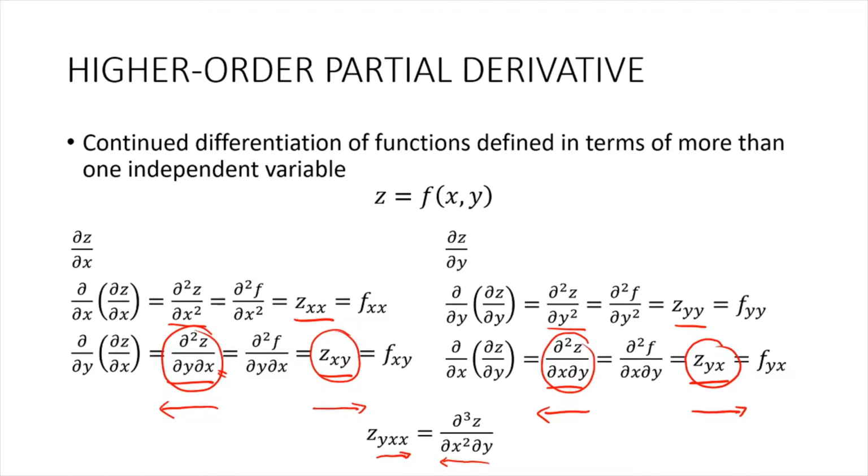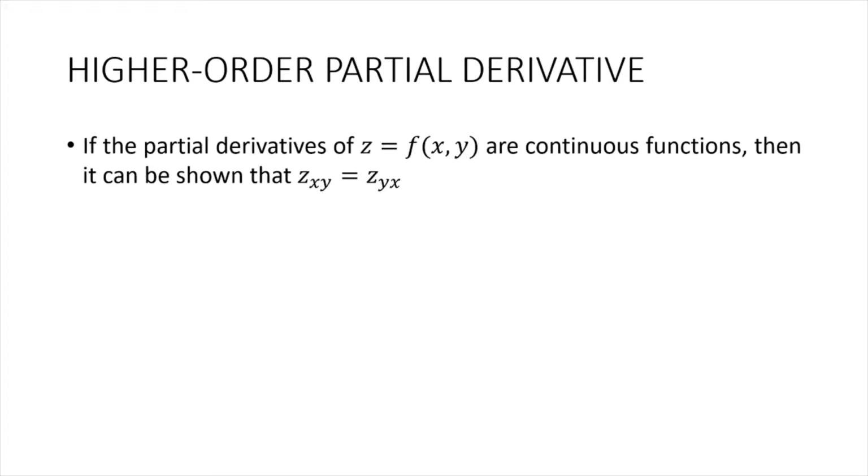Before we solve some examples, it is also important to note that if the partial derivatives of, for instance, z equals f of x and y are continuous functions, in other words, continuous partial derivatives, then it can be shown that the second partial derivative of z with respect to x and then with respect to y is equivalent to the second partial derivative of z with respect to y and then with respect to x.